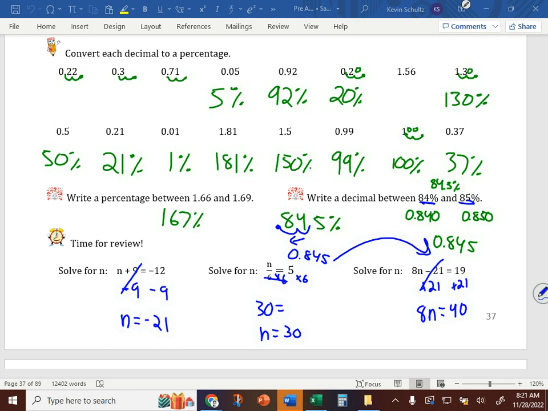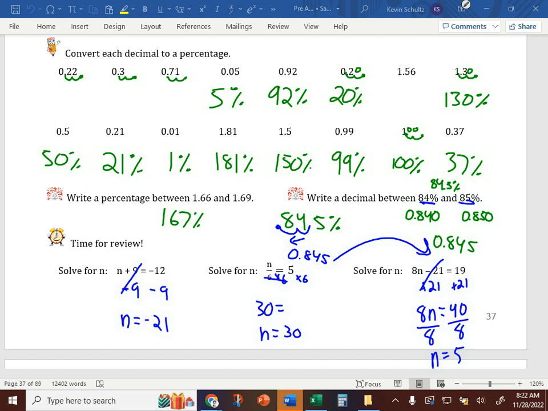So what would our last step be here? If 8 n's is 40, 8 times n equals 40, what undoes multiplying? Division. So we're going to divide both sides by 8, and 40 divided by 8 is 5. Okay, so always get it all the way down to just n by itself, no coefficient in front.